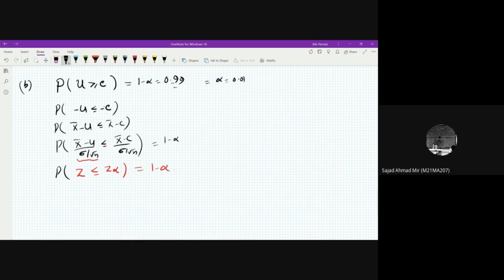So what we are doing here is finding a bound z alpha such that this part is alpha and this part is 1 minus alpha. If you look into the standard normal table, find this value. What is your alpha here? Here you will directly use alpha 0.01, because we are calculating z alpha.